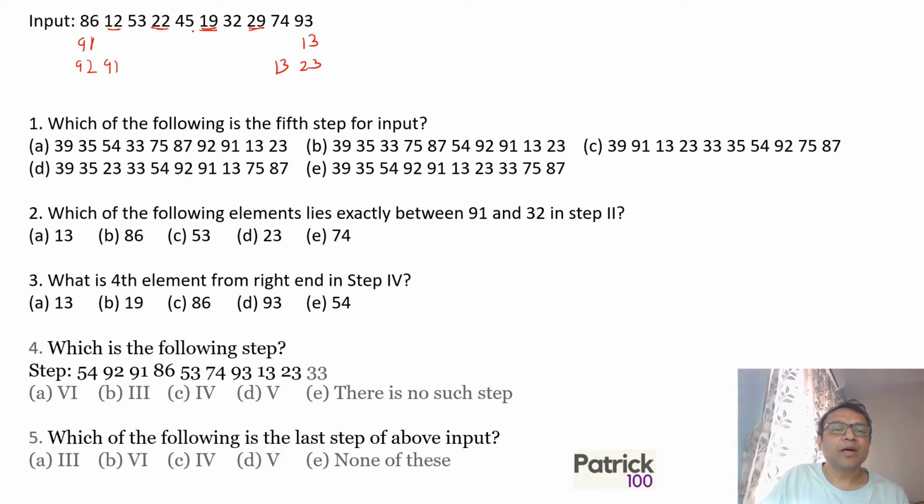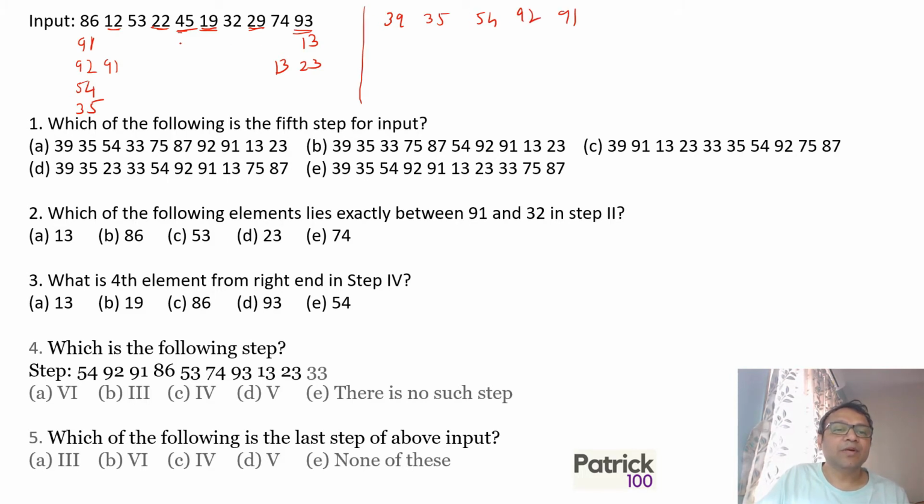Next smallest odd number, if you look at it, is 45. So 45 will become 54. Next smallest odd number is 53, will become 35. And after that 93 will become 39. So 39, 35, 54, 92, 91 is part of the last step.